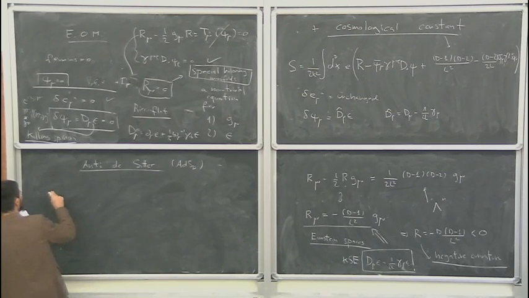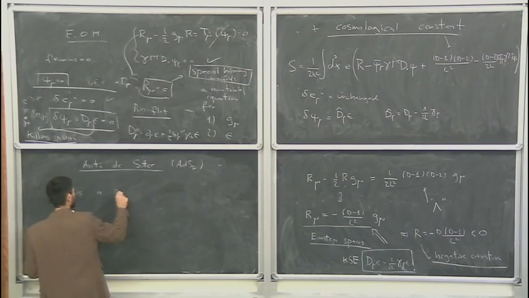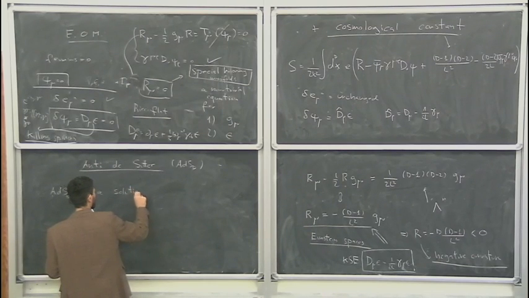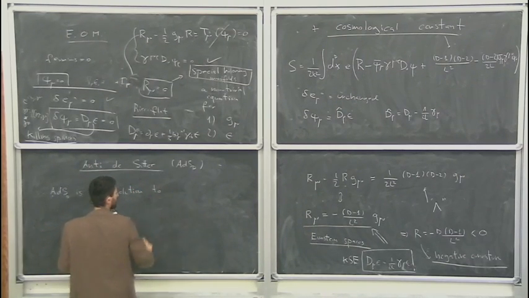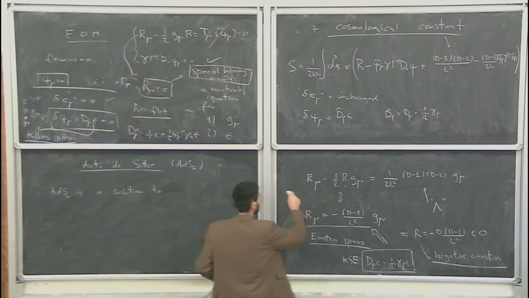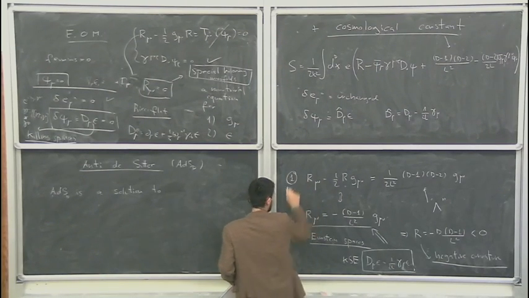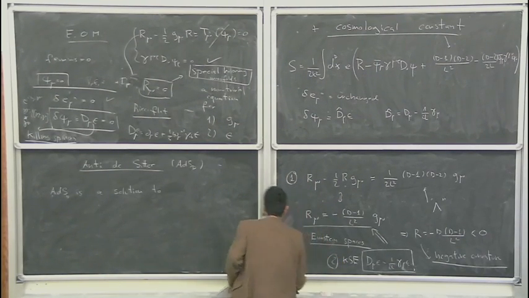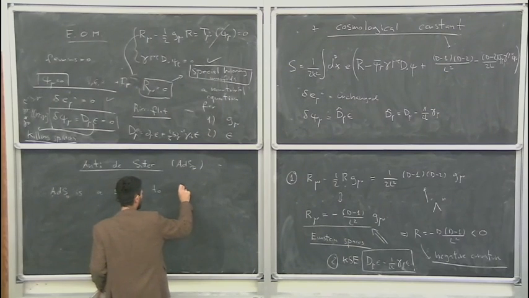So we can say that AdS_D is a solution to, let's put some names here, let's say 1 and let's say 2, okay? So it is a solution to 1.